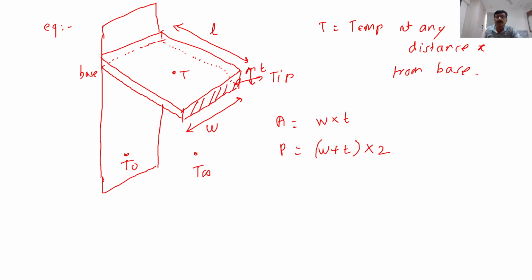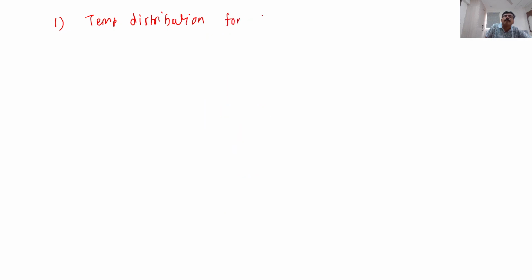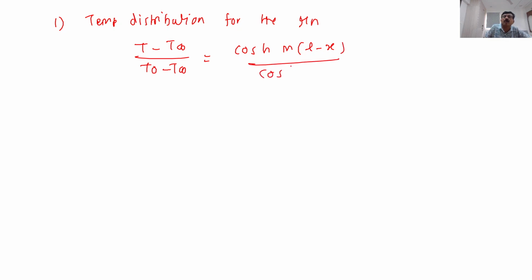Now we are going to see the detailed formulae. The first formula is temperature distribution for the fin. It is given by T minus T infinity upon T naught minus T infinity is equal to cos hyperbolic m (L minus x) divided by cos hyperbolic (mL).